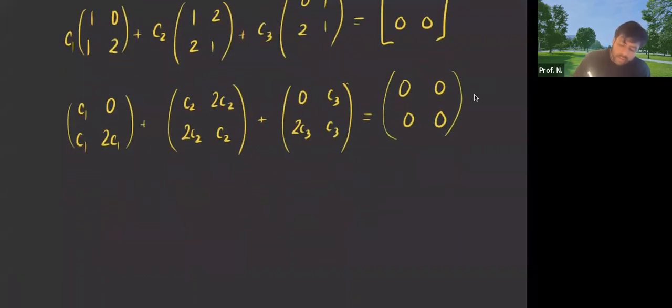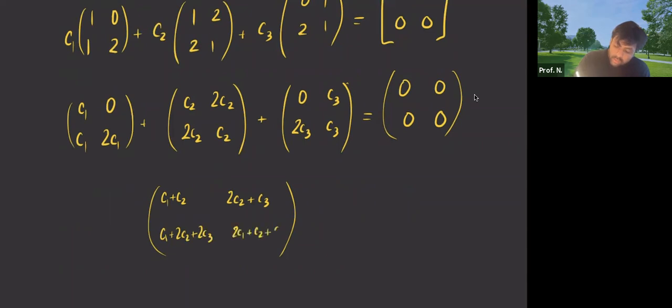Then when I add everything together, I get a 2 by 2 matrix where the first component is C1 plus C2. The next component is 2C2 plus C3. This one is C1 plus 2C2 plus 2C3. And then I get 2C1 plus C2 plus C3. They all equal 0.